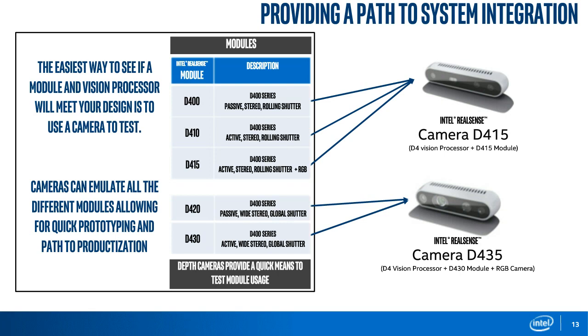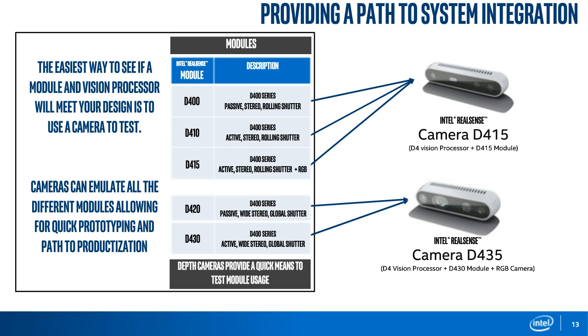Likewise, the 435 emulates the 420 and 430, and those two you can turn the emitter on and off. This just is a quicker way to do prototyping and a faster path to productization, allowing you to take a camera that is fully ready and see if you want to go the module route, and it allows you to pick the right module.